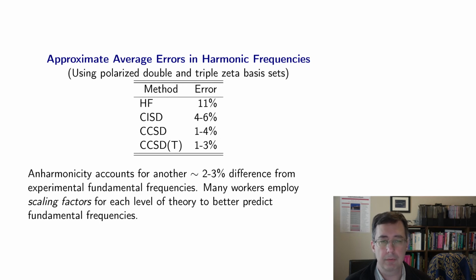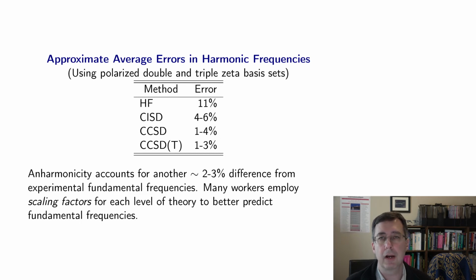Here I'm showing the approximate average errors in harmonic frequencies using polarized double or triple zeta basis sets with various methods. Hartree-Fock tends to overestimate harmonic frequencies by about 10 or 11%. Configuration interaction can be off by around 5%. Coupled cluster can be off between about 1 and 4%, and coupled cluster with perturbative triples can be off between about 1 and 3%.